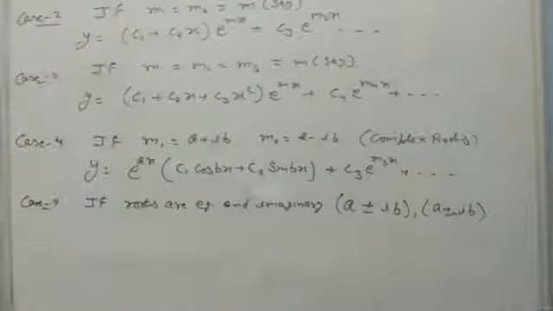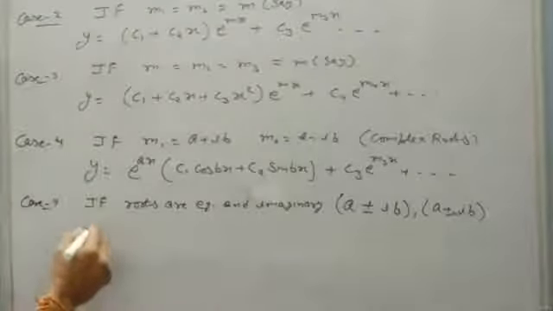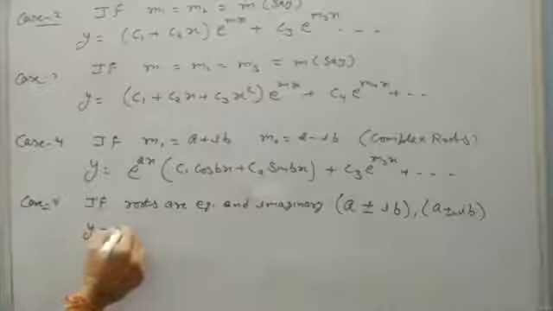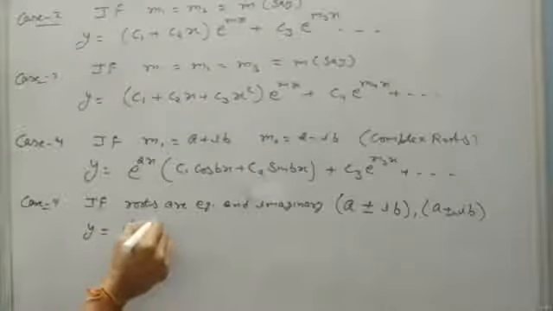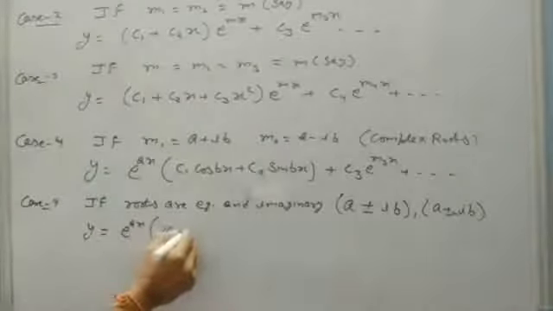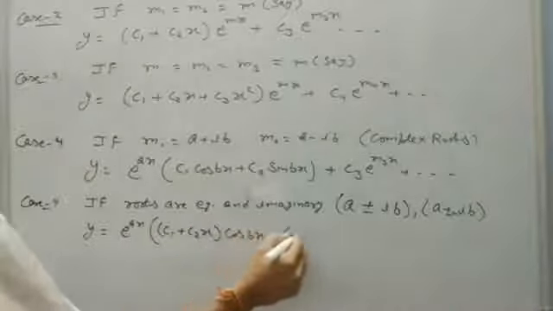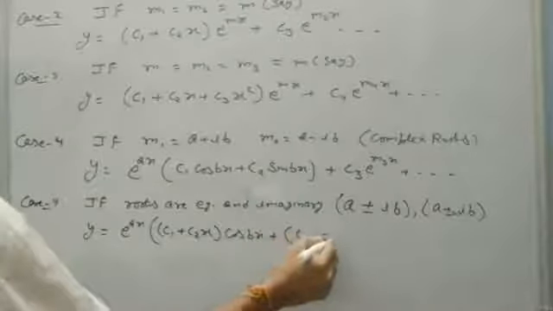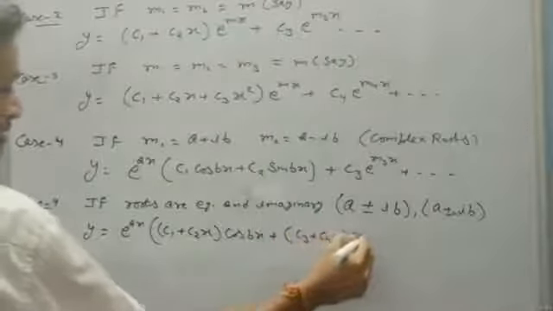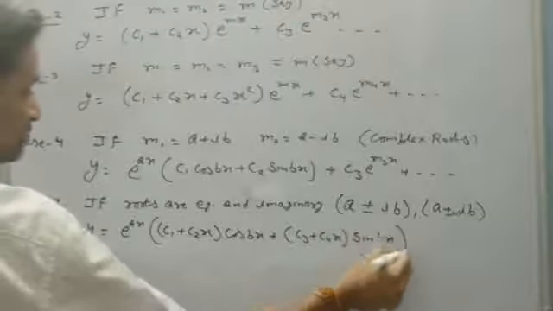Then we have to combine the two rules, case number 4 and case number 2. We will combine both methods. Then I get y equals e to the power ax times (c1 plus c2x) cos bx plus (c3 plus c4x) sin bx.